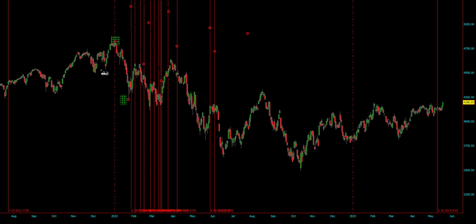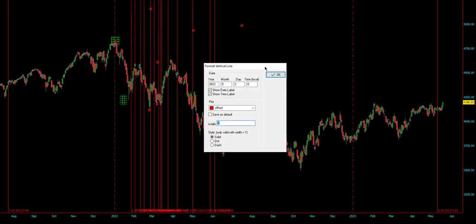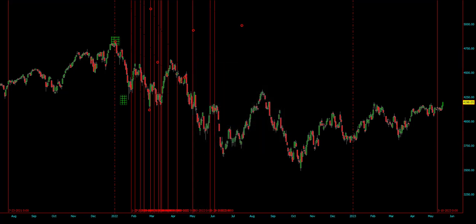So let's keep this high, and we're going to move the low again, relocating it to this point. We are going to place these vertical lines on the vertical areas where we see the circles showing up.